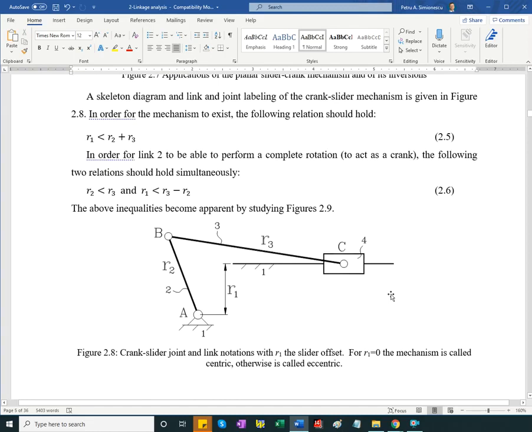So that was one. And then desire to have R2 as a crank to perform full rotation. We are going to observe these two inequalities. So I want to have R2 shorter in length than R3, and then I have to have eccentricity to be less than this difference, R3 minus R2.